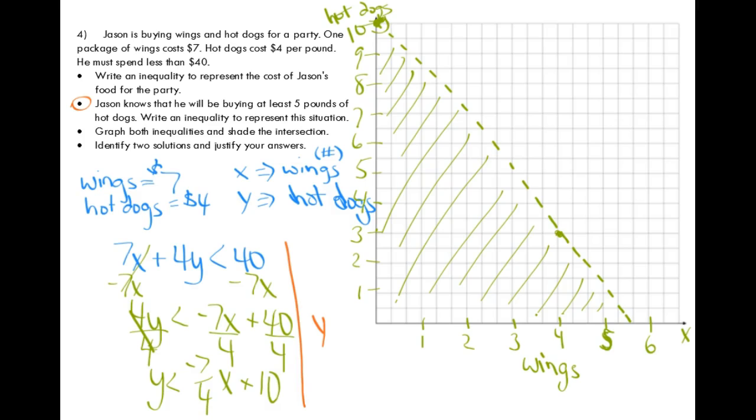That means it's more than or equal to 5. That's the at least part, would be that symbol. So we go up to 5 for hot dogs, and this is just a straight line across. We want any coordinate that will be a y value greater than 5. So we just draw a straight line through like this and shade above it.